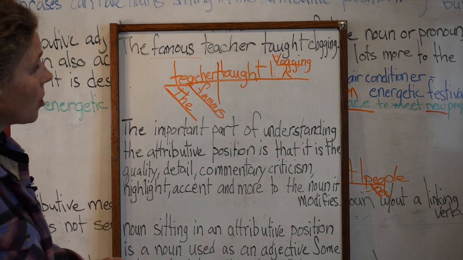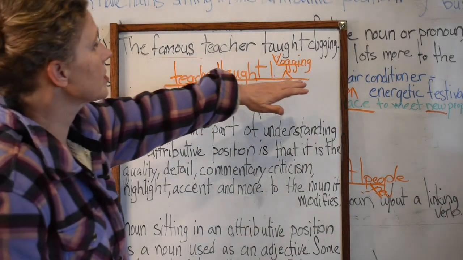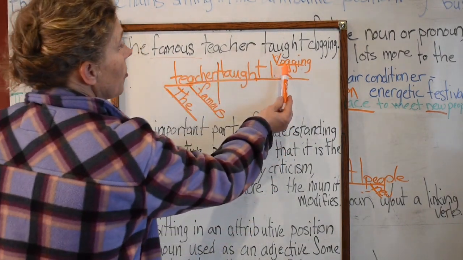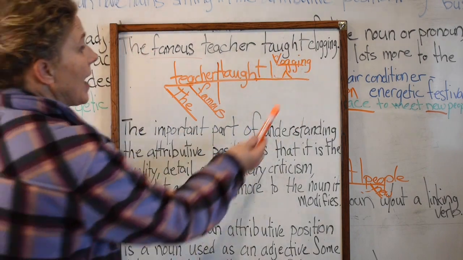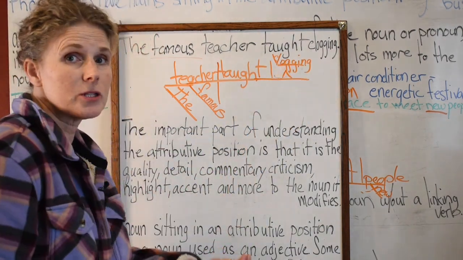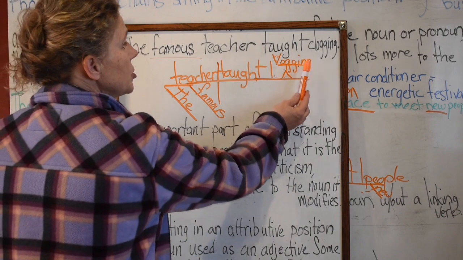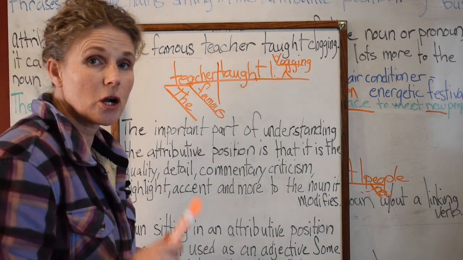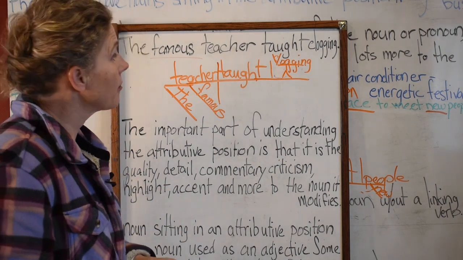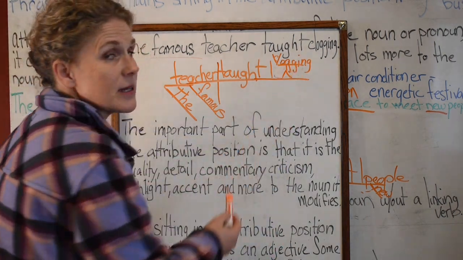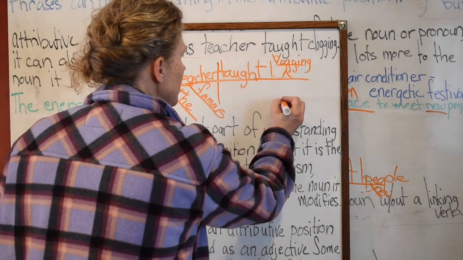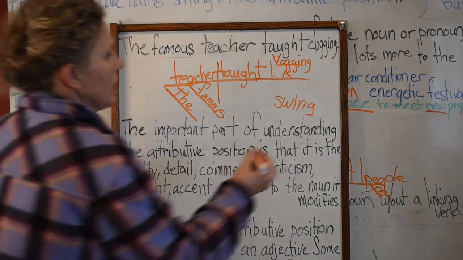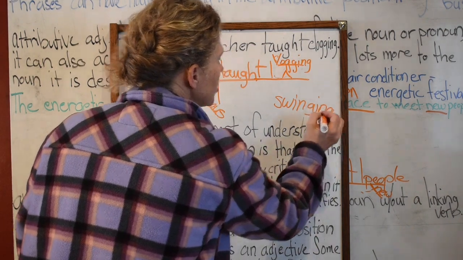So okay, what do we have? The teacher taught clogging. This is sitting on a tree. It's a gerund acting as a noun. Gerunds are nouns. INGs we have right there. Gerunds are INGs, okay? When you're using them as a suffix. Now this would not be a gerund. Swing is not a gerund. This is a gerund, if you're going to use it as a gerund.